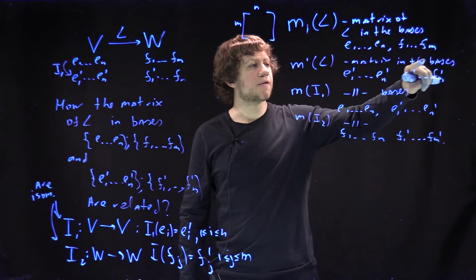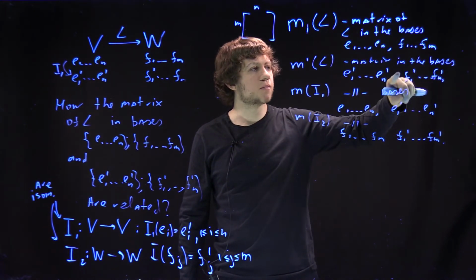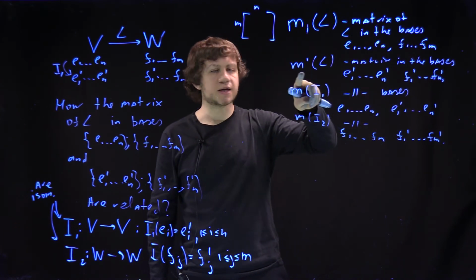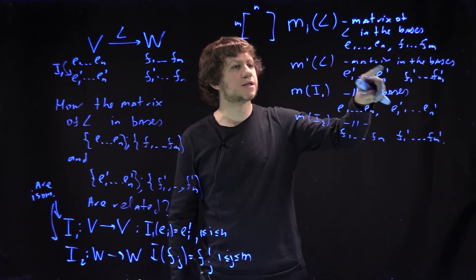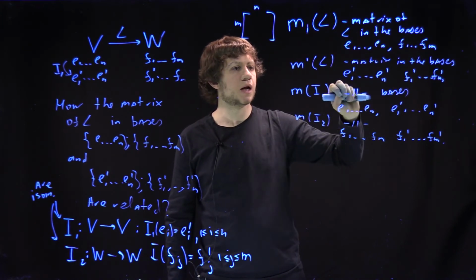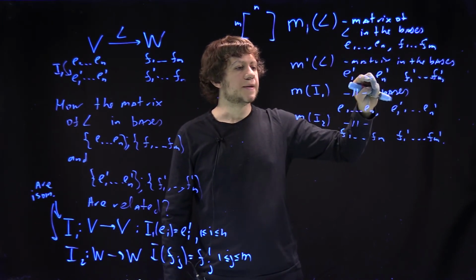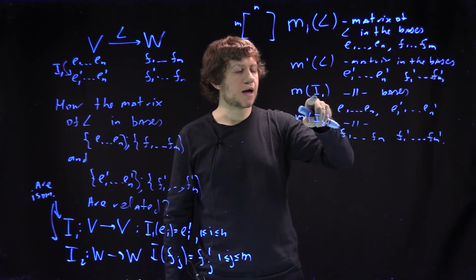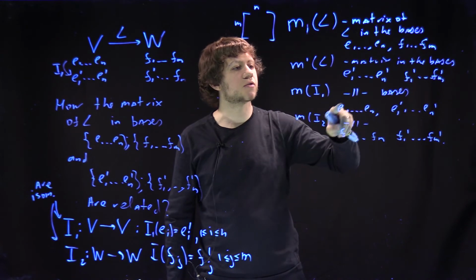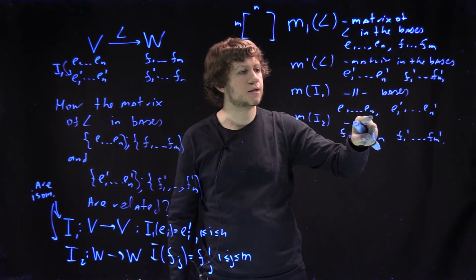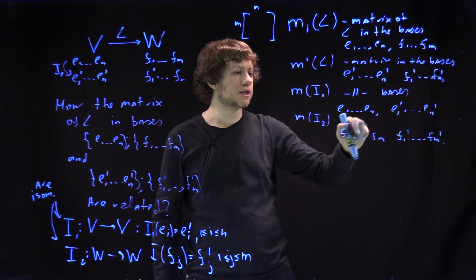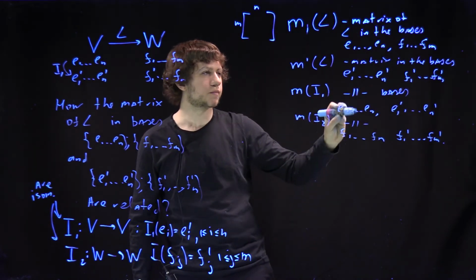If you take a vector written in coordinates f1 prime up to fm prime and multiply this vector on this matrix, you will get the image of L written in this basis. Then you can apply this map and multiply this matrix and get the same vector in the basis e1 up to en. Basically this is what we will do.